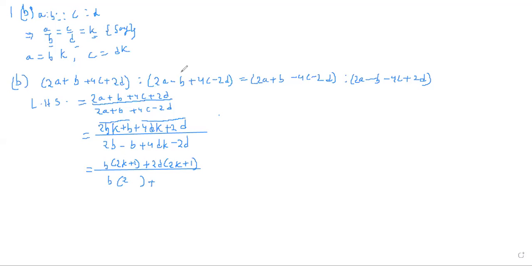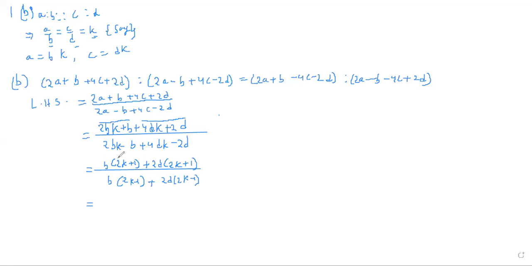In place of plus, this has minus. 2A minus B, in place of A it will be BK, 2K minus 1, 2D common into 2K minus 1.